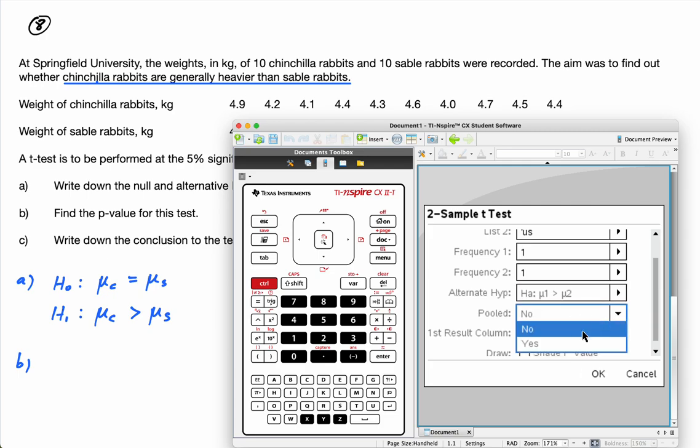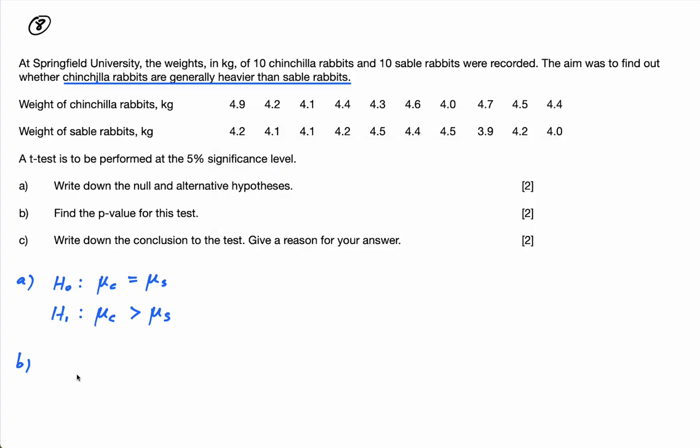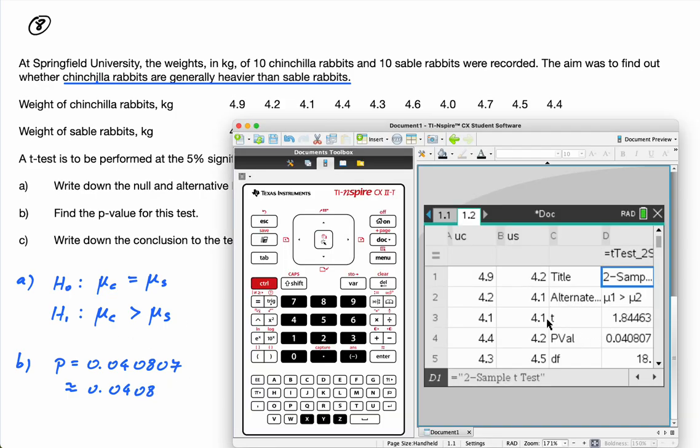Yes, they should always be pooled for these 2-sample t-tests. Put the results here, that's fine, and then press OK. Okay, so we have a p-value of 0.040807. That's easy to remember. P equals 0.040807, or if you like, 0.0408 to 3 significant figures. Okay, so that's our p-value.